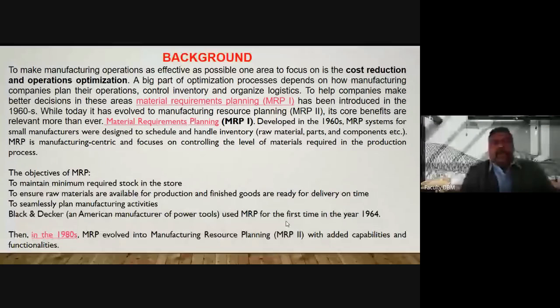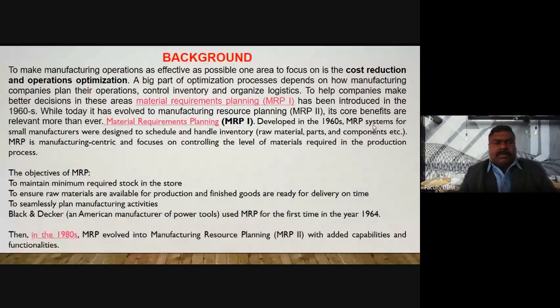To make manufacturing operations easier, manufacturing resource planning came into being in the 1980s. The core benefits remain relevant more than ever. MRP1 was developed in the 1960s.